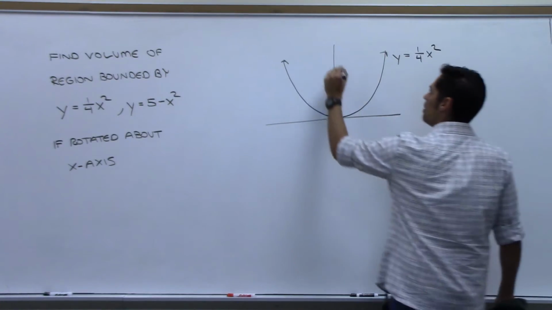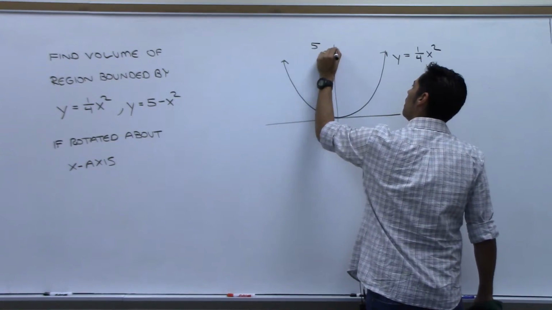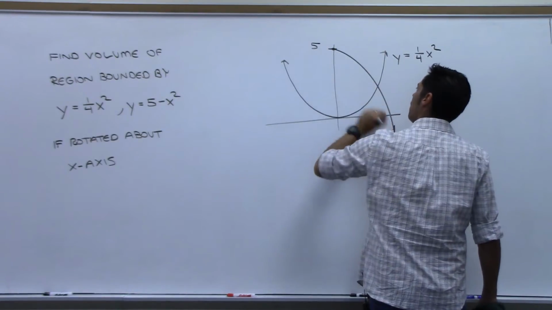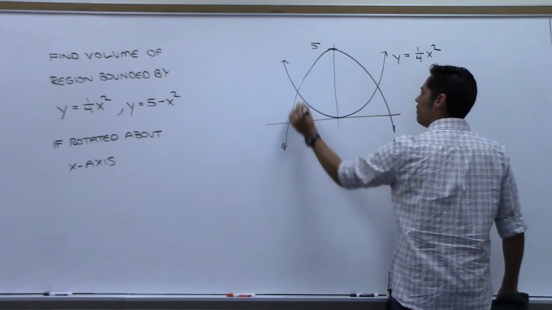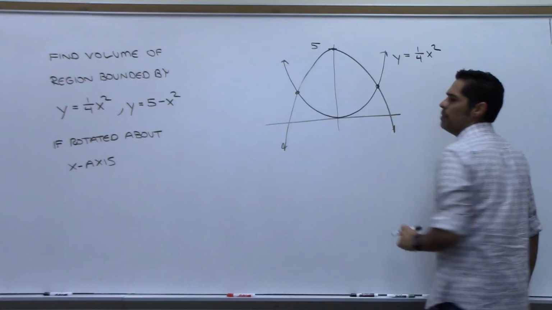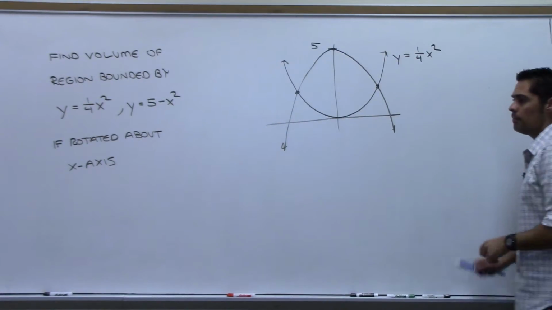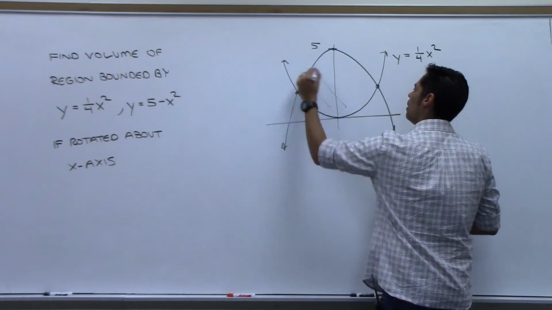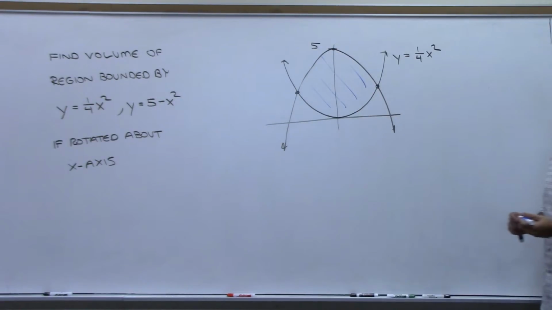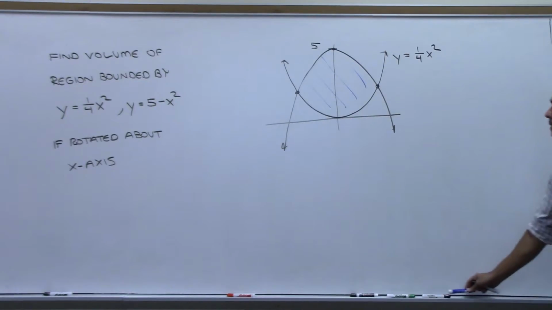It's got a y-intercept up here at 5. Opens down, so I'm thinking they hit each other somewhere, right? Everybody see the region? This region is what we want to wrap around the x-axis.